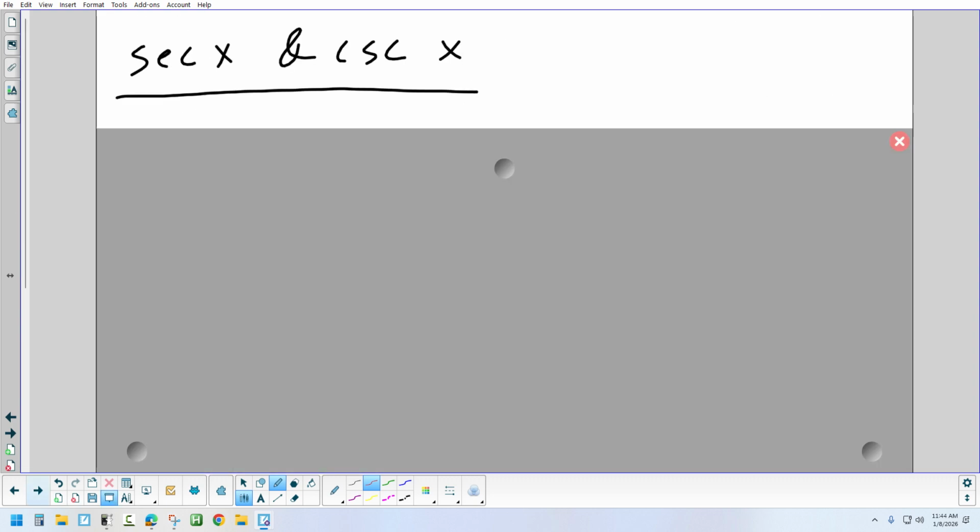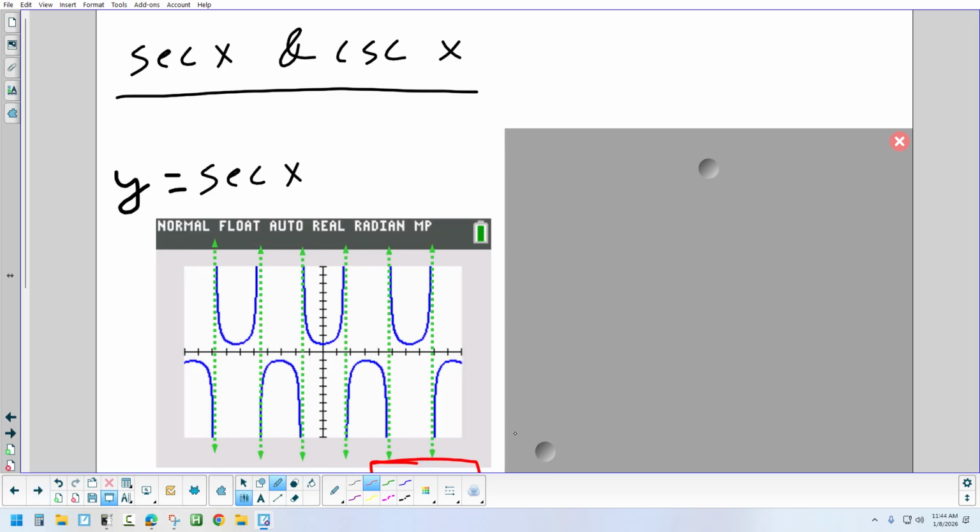So let's look at the last 2 graphs, which are secant and cosecant. That is secant. One cycle of secant is what I'm going to draw in red. One U shape, one N shape.